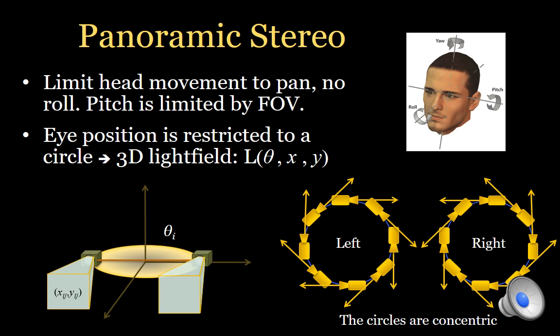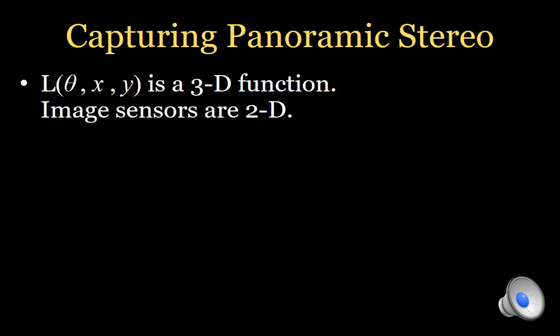Now this makes the problem still difficult because we need to capture a set of camera images that are moving along a circle and a second set of camera images which move along the same circle but look in the opposite direction, all at the same time without one camera occluding another. This is a very difficult problem to solve. Our problem now is to capture a three-dimensional light field function L of theta, x, y using image sensors that are essentially two-dimensional.